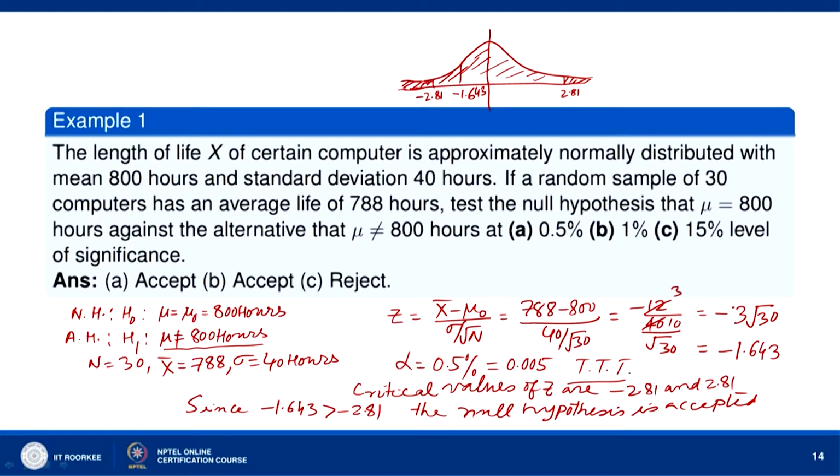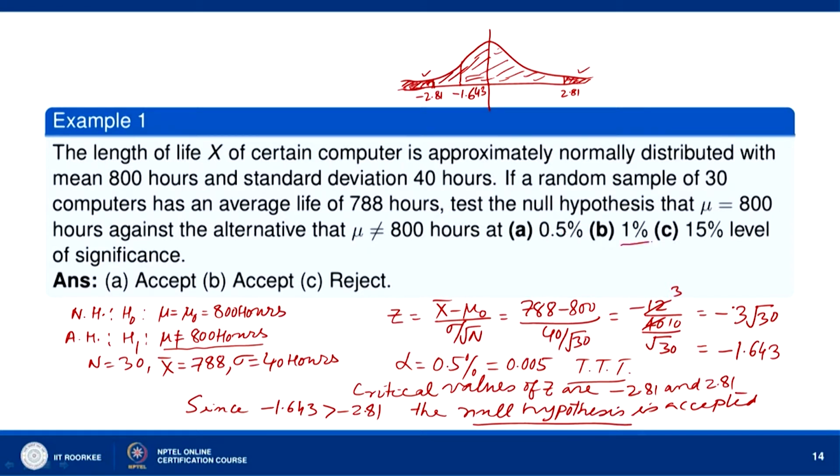So we have the result that the null hypothesis is accepted at the 0.5% level of significance.